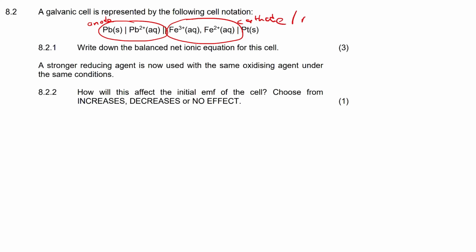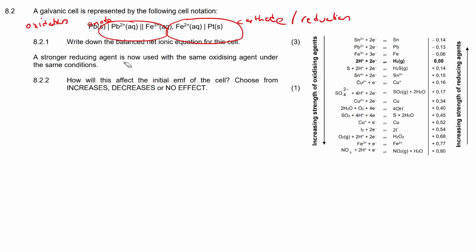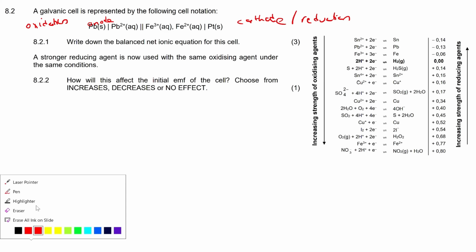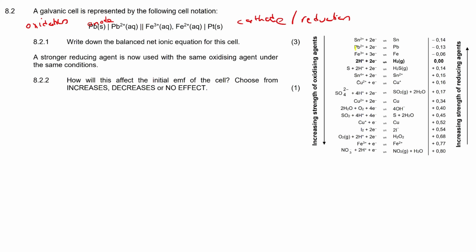Cathode is always where you have reduction, and anode is always where you have oxidation. Okay, let's go get our tables. If we go find the Pb reaction, Pb is over there, and the Fe3+ to Fe2+ is over there.